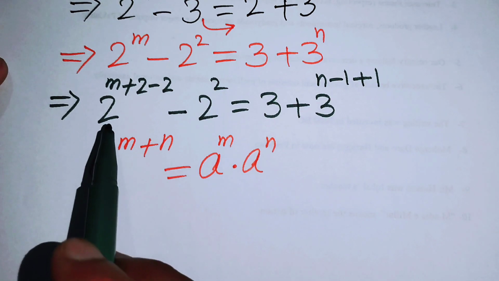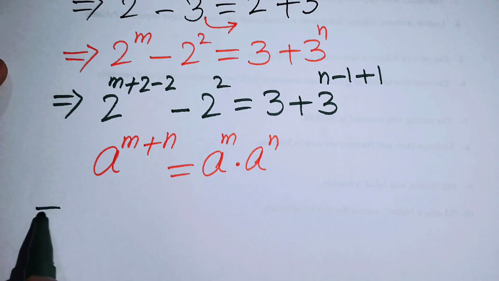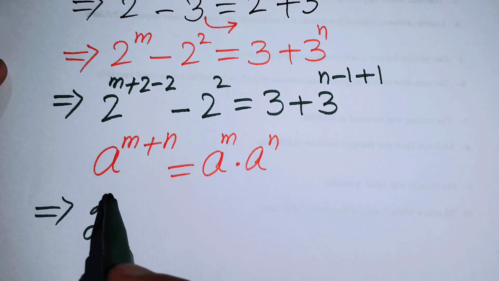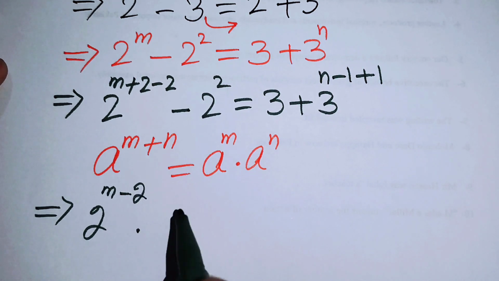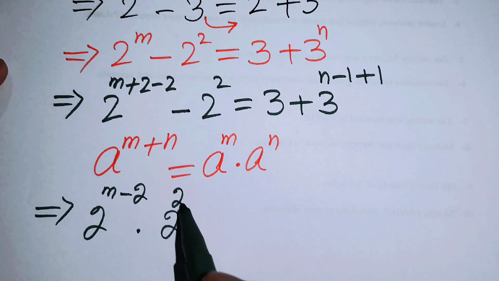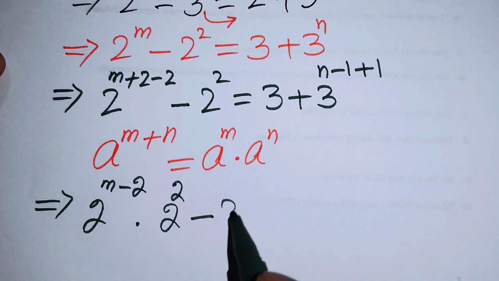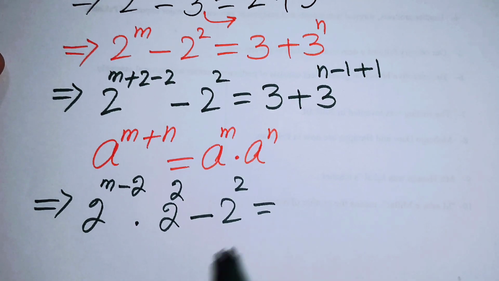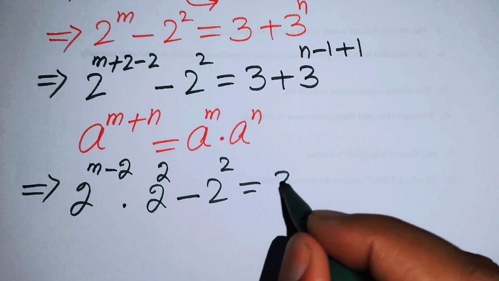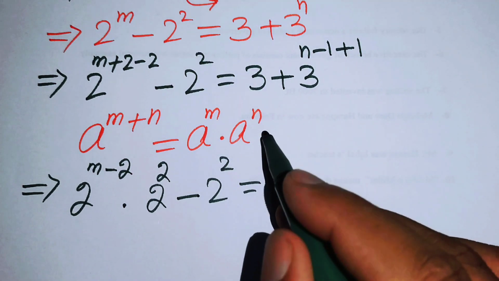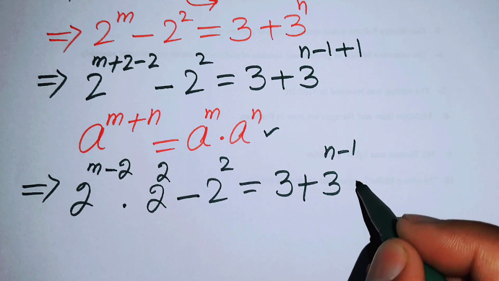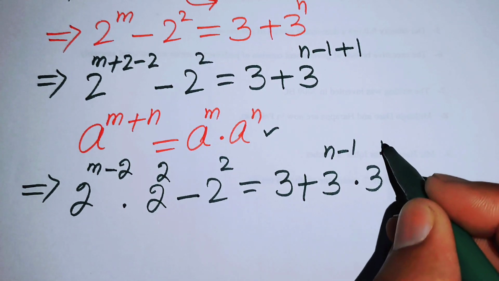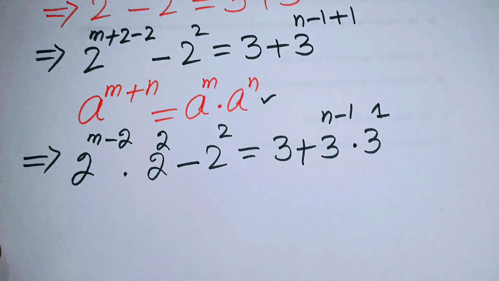According to this law, the first term will be written in the form of 2 to the power of m minus 2 times 2 to the power of 2, and minus 2 squared is equal to 3 plus, here we again use this law and you get 3 to the power of n minus 1 times 3 to the power of 1.